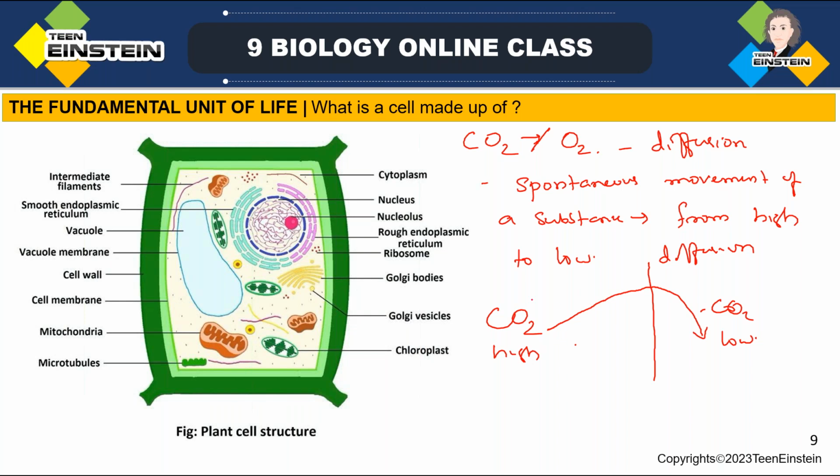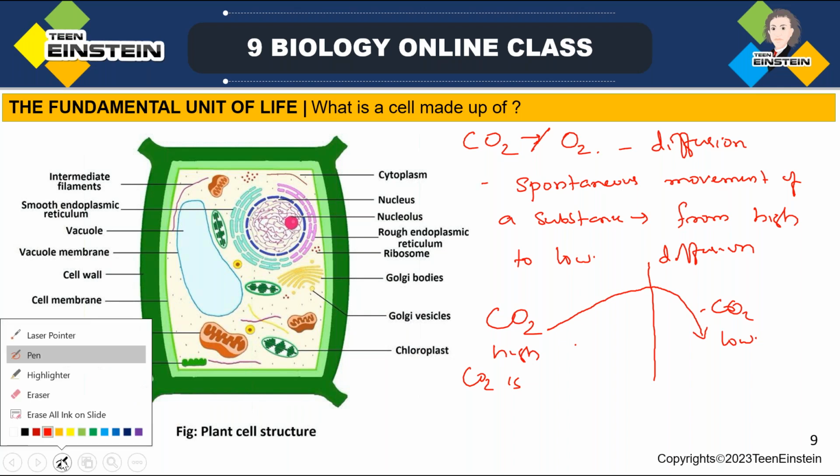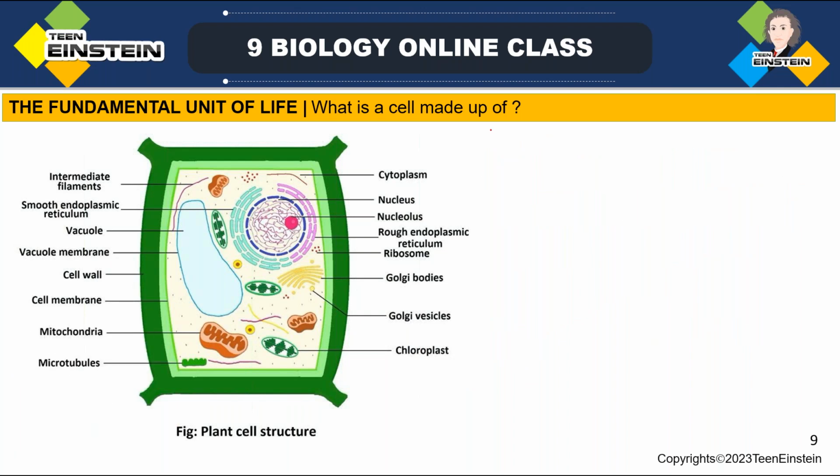See, this feature is utilized by a cell. How? For example, we can say here, this carbon dioxide is a cellular waste. Okay, just let me explain with this case only.